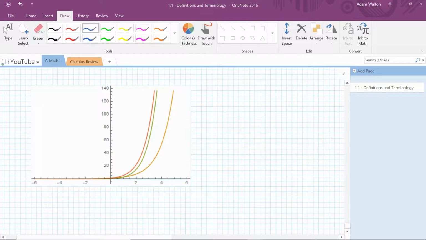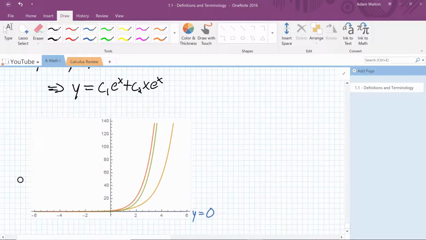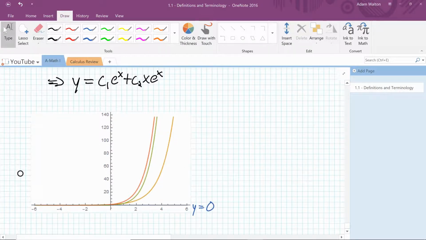That would correspond to y = 0. Looking back to our family of solutions, that would be when C1 equals C2, which is equal to 0.